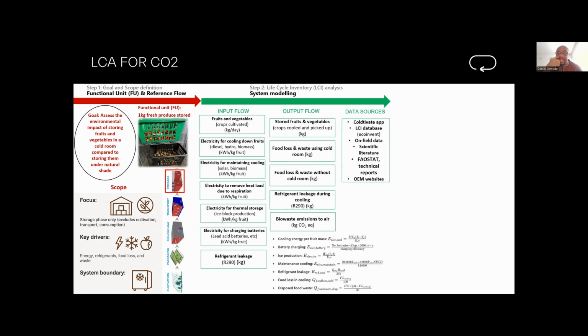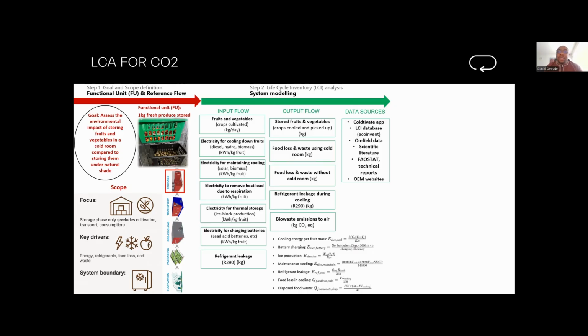I just wanted to emphasize this, right? So these are the core equations, and these equations allow us to then break down the electricity and material used in the cold room, whereby each step from the initial cooling to storage, maintenance, to battery charging, and even food loss is accounted for, while the outputs like refrigerant leakage and food waste are then used to calculate the emissions, right?